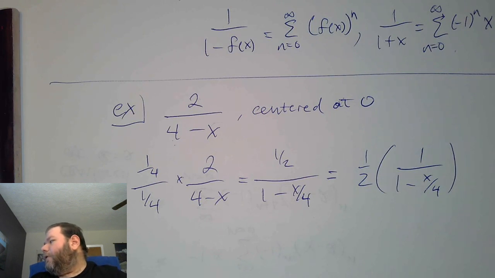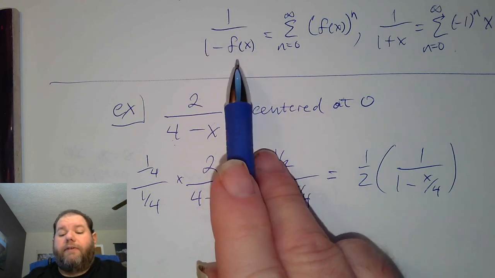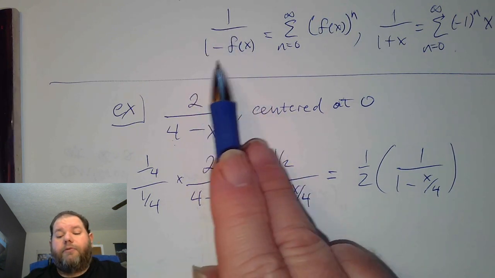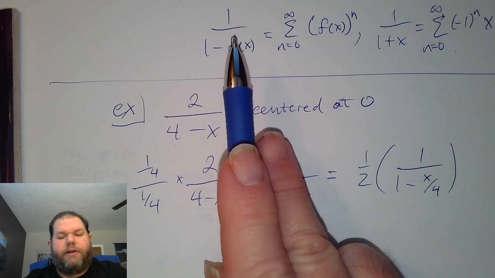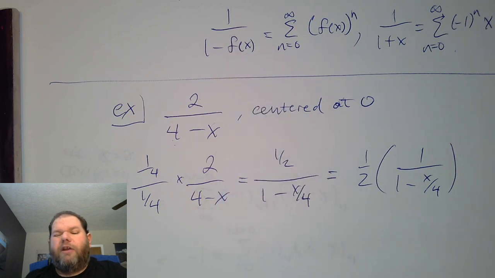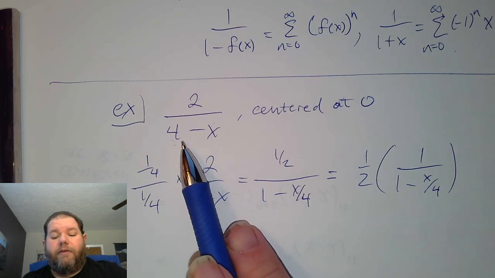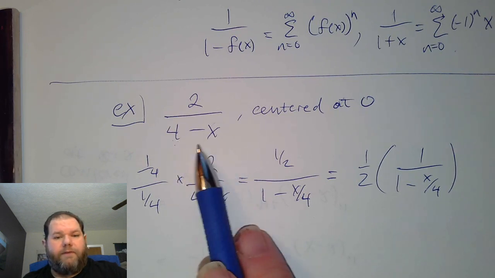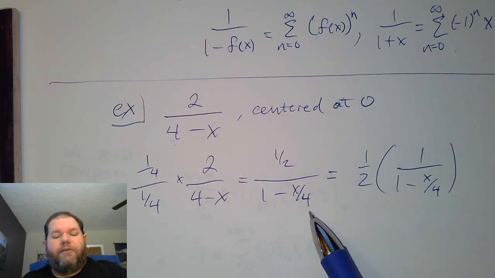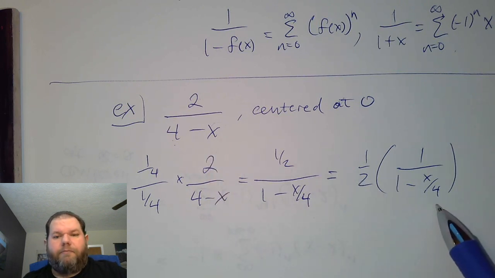Okay. Now we look at this one. It actually reflects this formula right here, 1 over 1 minus f of x. And that's why I wrote it down, because it won't always be just x. With things like this where we have a number here, we have to get rid of that number 4, so we divide everything by 4. It results in this situation that we see here.